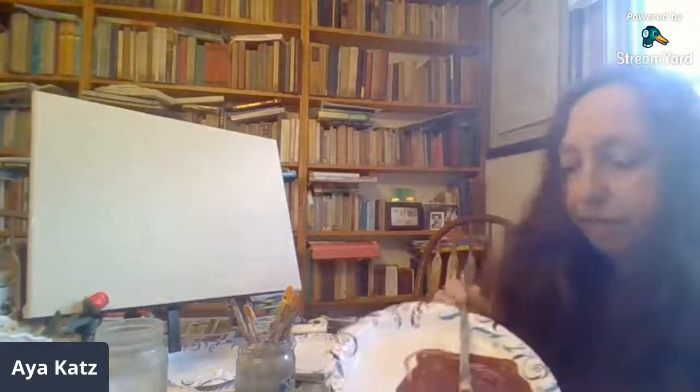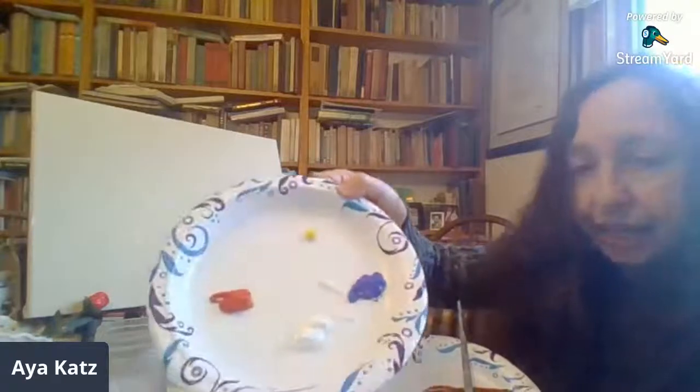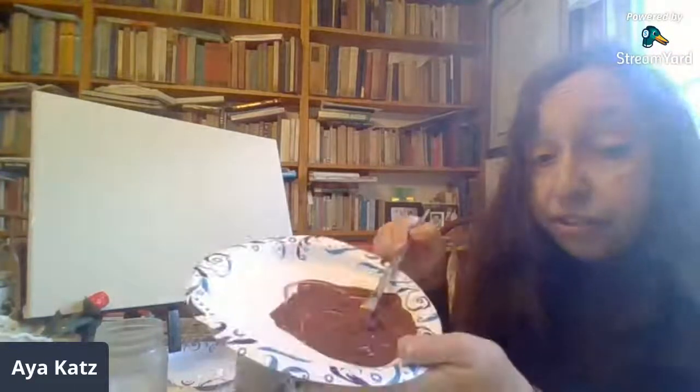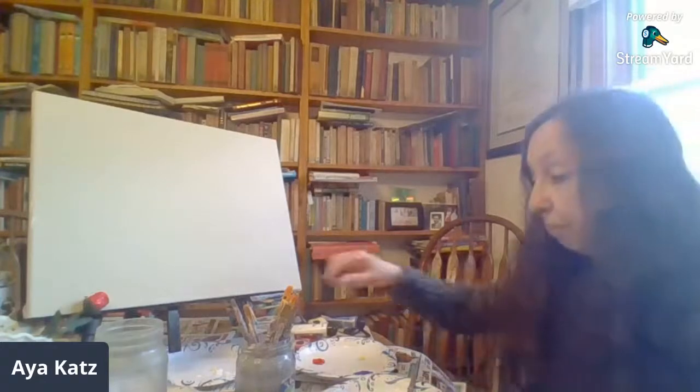So I pre-mixed. I took red, yellow, and blue, and I mixed them together, and I made myself a kind of nondescript brown. And I'm going to start out by trying to outline where I want the images of each of the four surviving Bronte siblings to go.